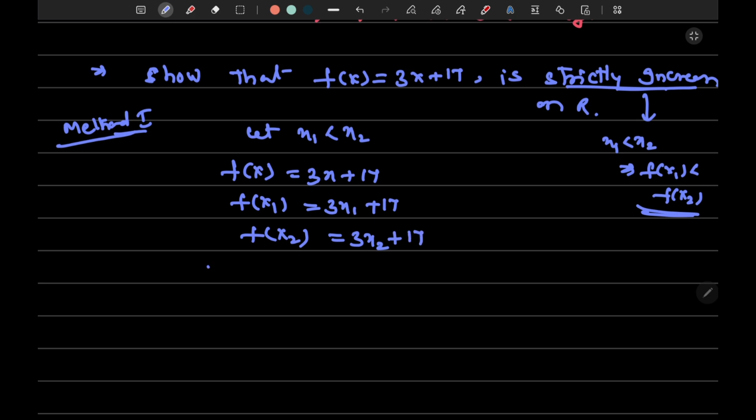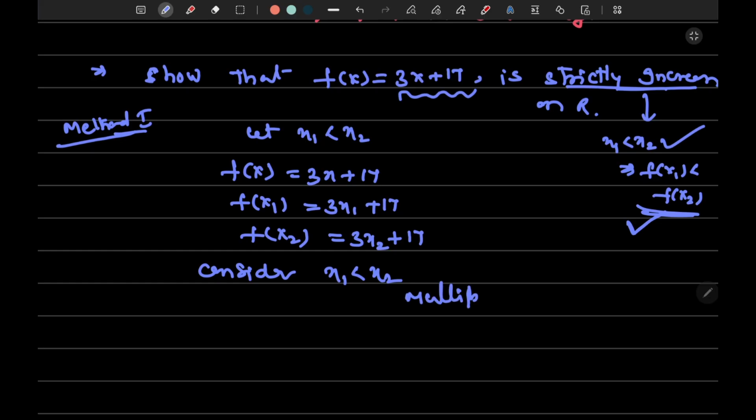So consider x1 is less than x2. I want to prove that f of x1 is less than f of x2. What I want is the answer in terms of 3x plus 17. Multiply both sides by 3.